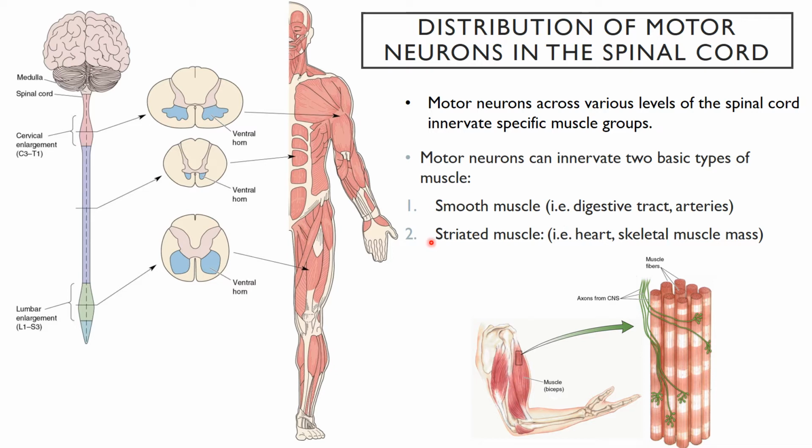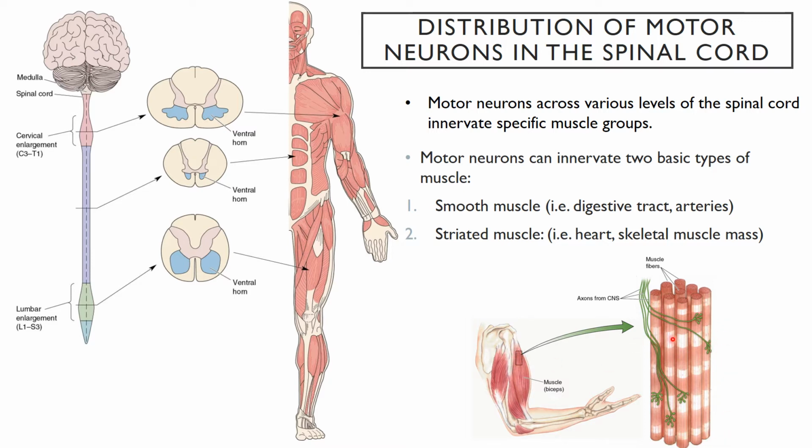Instead, most of what we're going to focus on is the striated muscle groups. The heart is included in there, but skeletal muscle mass is what makes up most of the muscles within your body. Those are considered striated muscles, and that's what we're going to mostly focus on. If you look at a skeletal muscle, this is in the biceps, and you zoom in, you will see these fibers.